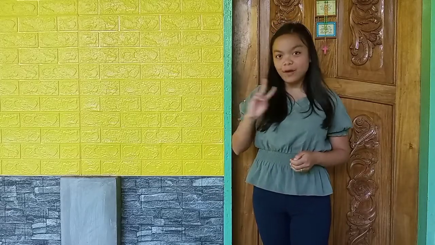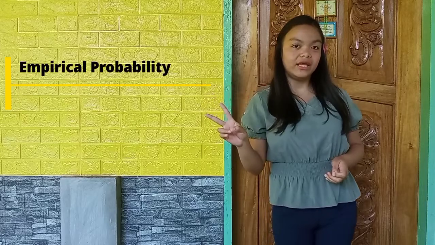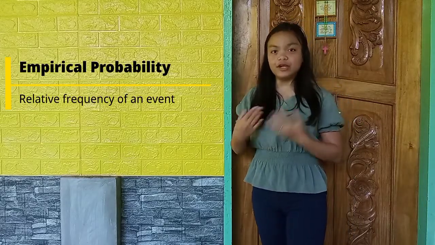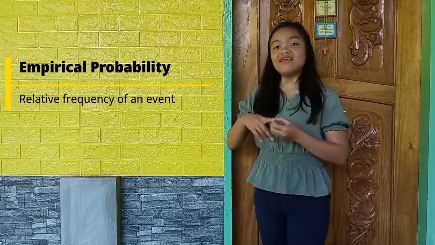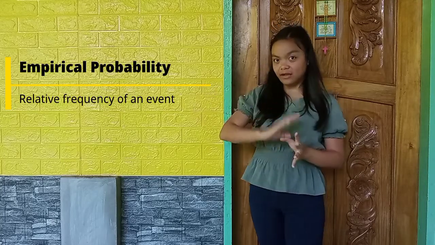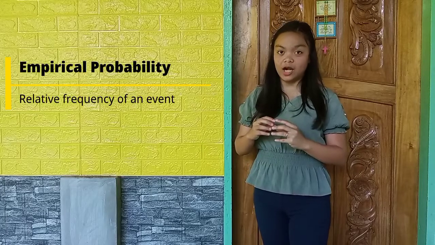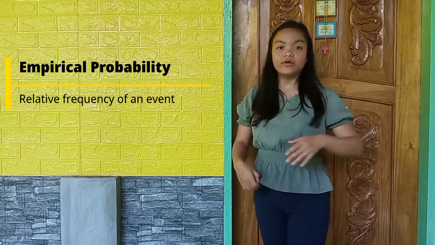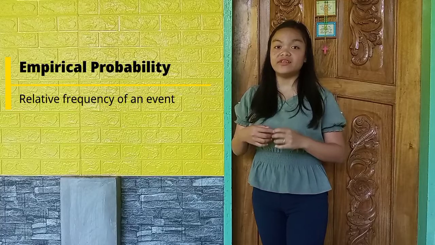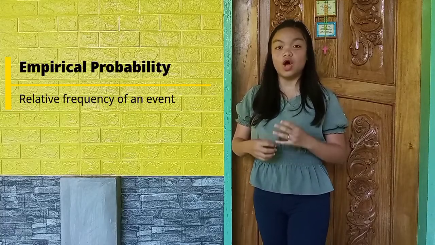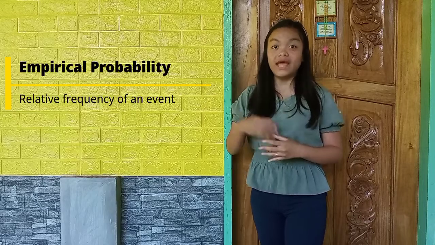The next type of probability is the empirical probability. In this type of probability, we're going to talk about frequencies. Unlike the classical probability, the outcomes in empirical probability are not equally likely. Empirical probability is based on observations through experiments.